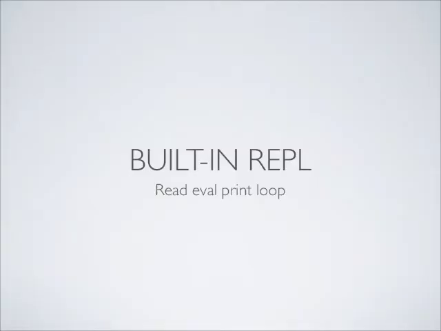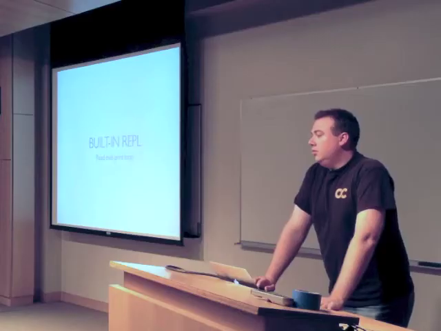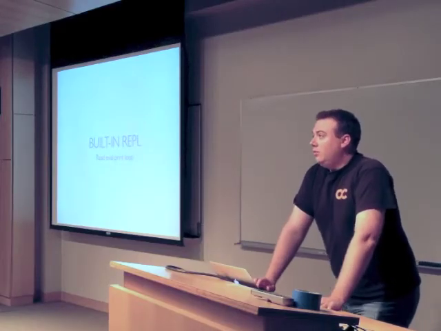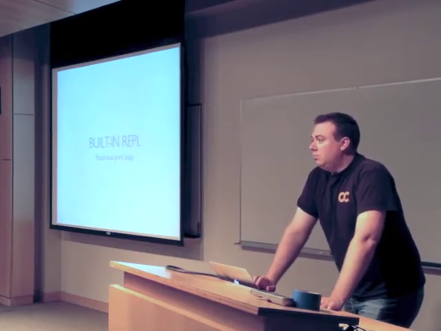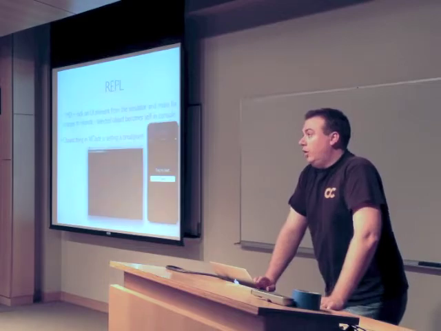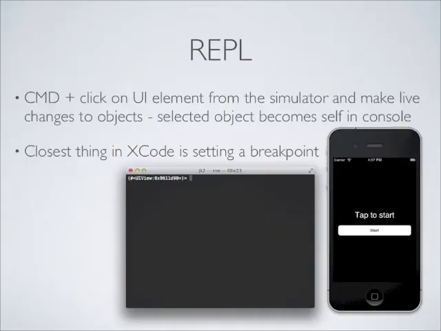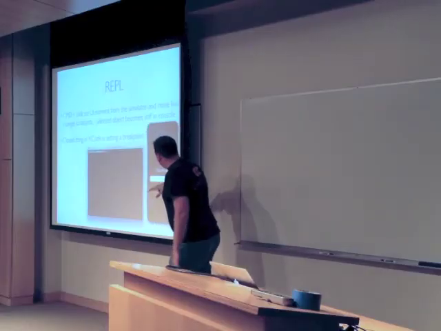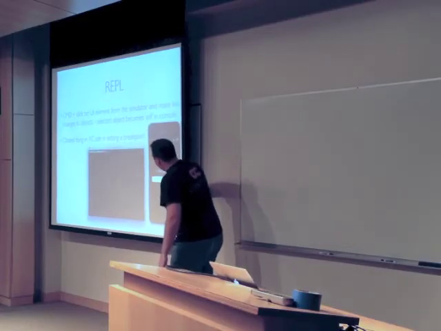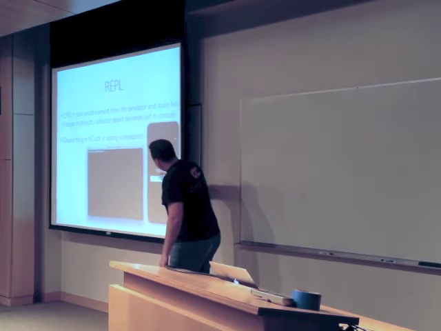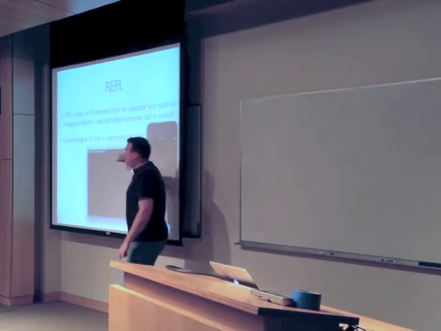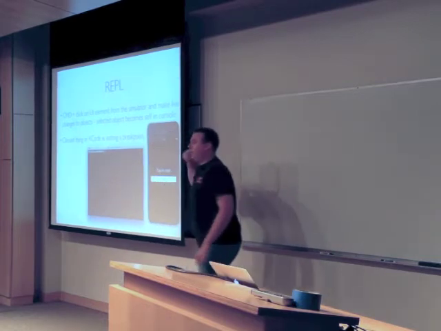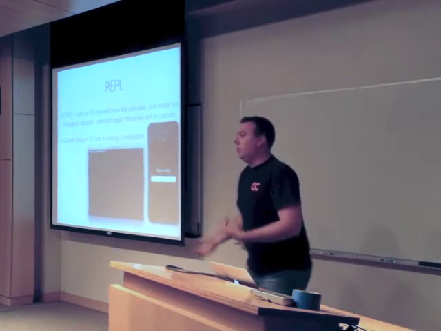Pretty sweet feature that he added is a built-in read eval print loop. It's like Rails console for the iOS simulator. So in the simulator, you can command click on something and it will highlight it, and then it will assign self to that object in the console, and you can interact with it, you can call methods on it.